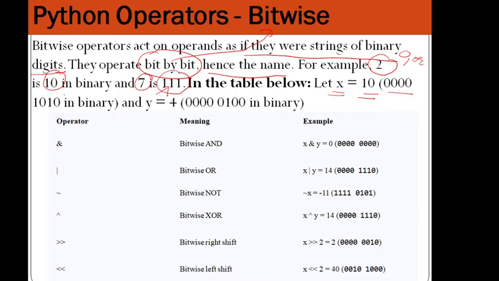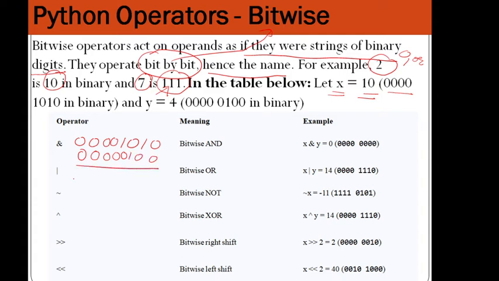So we take the example 0 0 0 0 1 0 1 0. Then another, 4, which is 0 0 0 0 0 1 0 0.